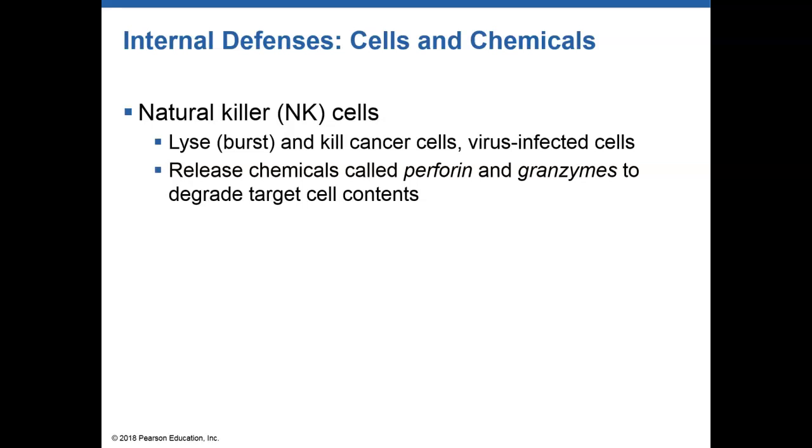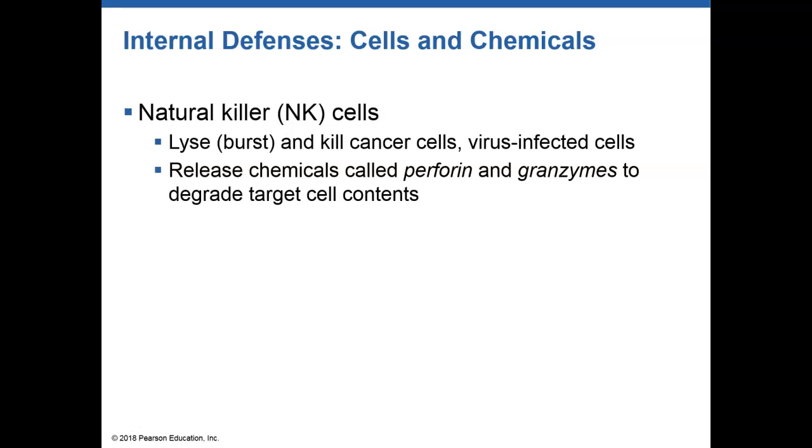Natural killer cells function by looking for any body cells that have unusual cell receptor proteins. If you have a cell that has been infected with a virus, or a cancer cell, then the surface of that cell is going to have different proteins on it than your normal body cells.